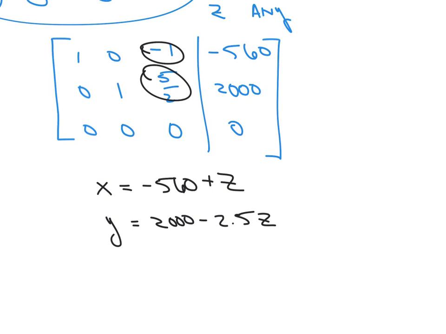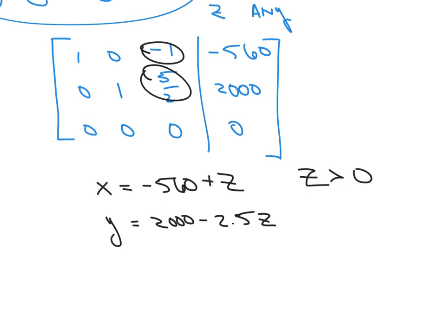Now we said that z could be anything, but that's not necessarily true, because as we plug numbers in here for z, well, first of all, what does z stand for? Z stands for value, so a cost. So z has to be greater than 0. It cannot be negative.